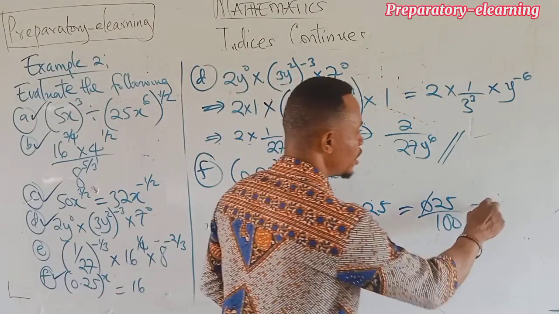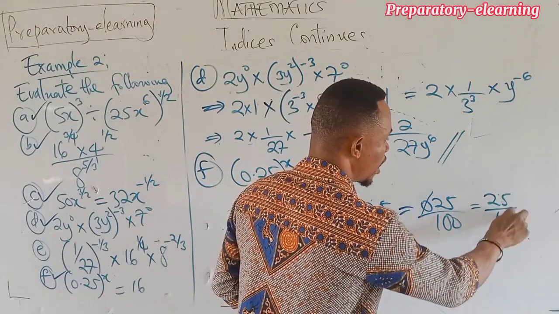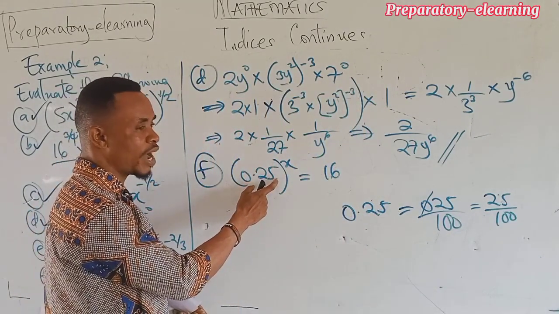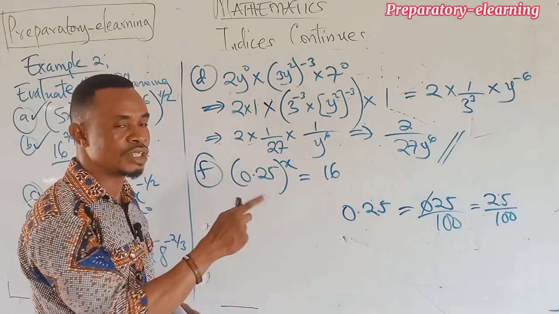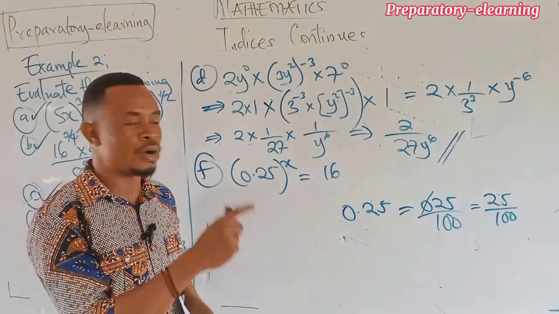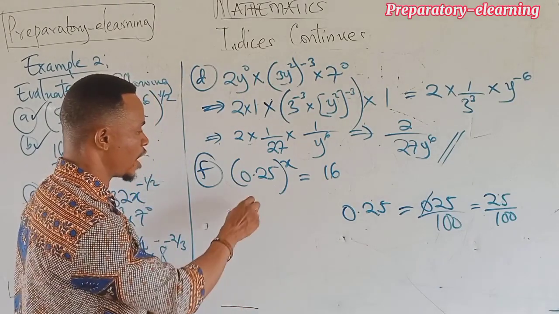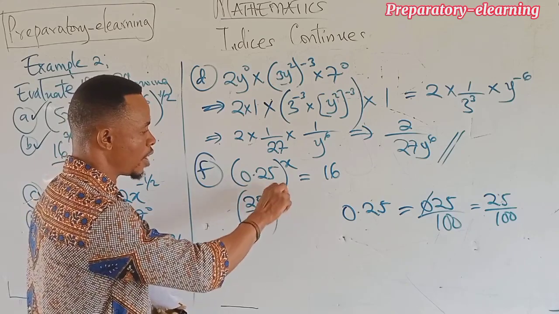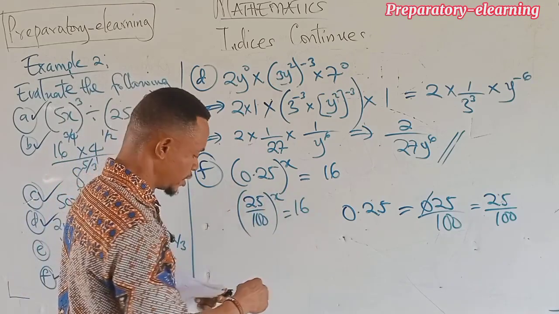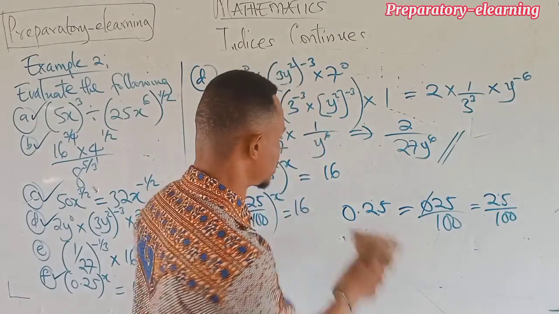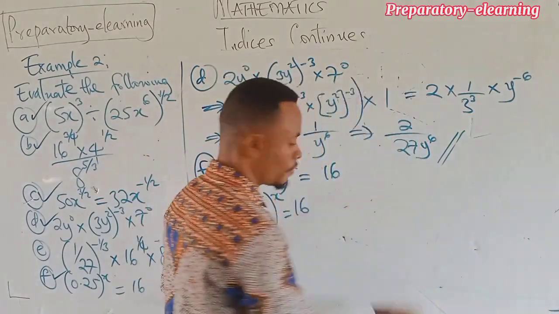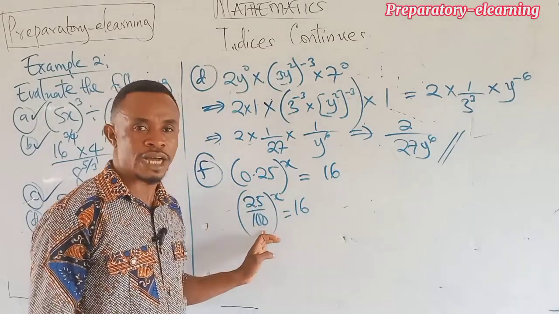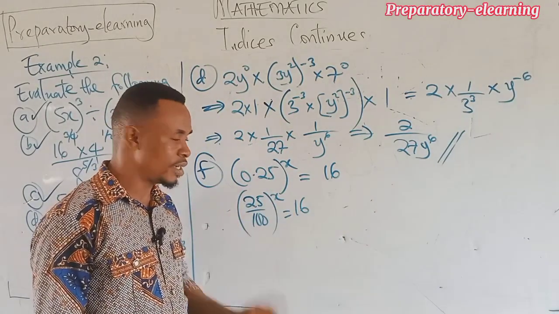So we have 25 over 100. So in place of 0.25, we have 25 over 100 into power x equals to 16. And of course, if the decimal place was up to 3, you divide by 1,000 because 1,000 has 3 zeros.